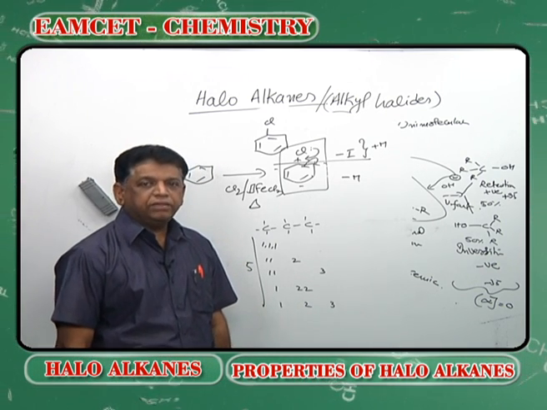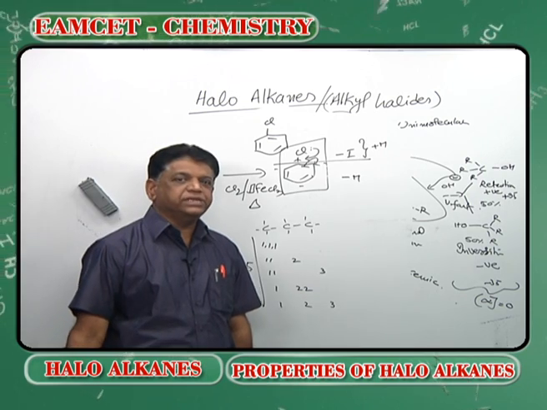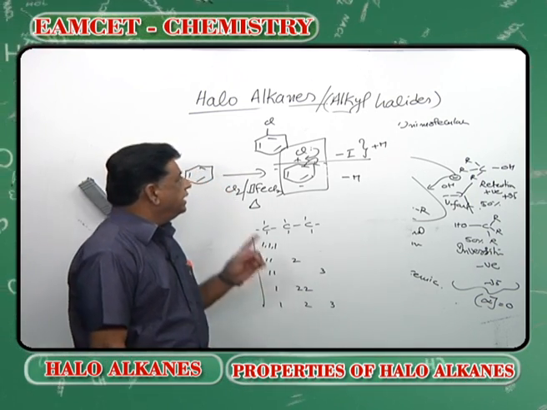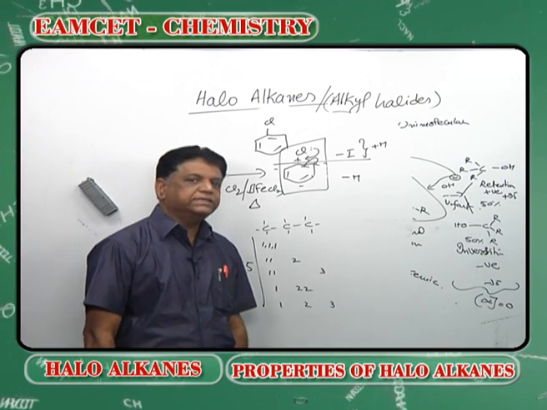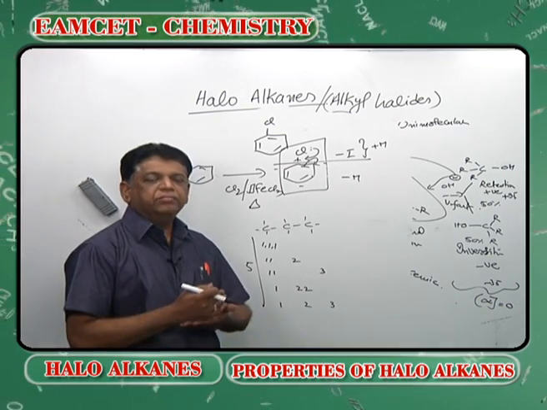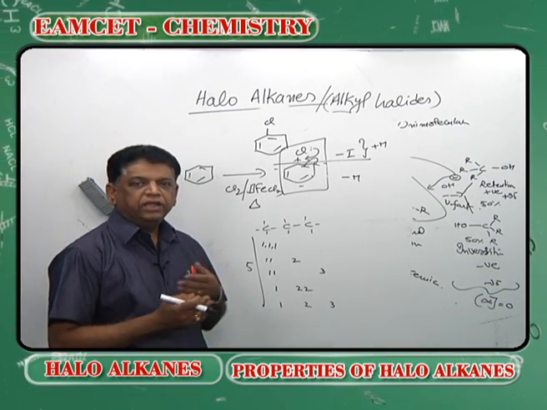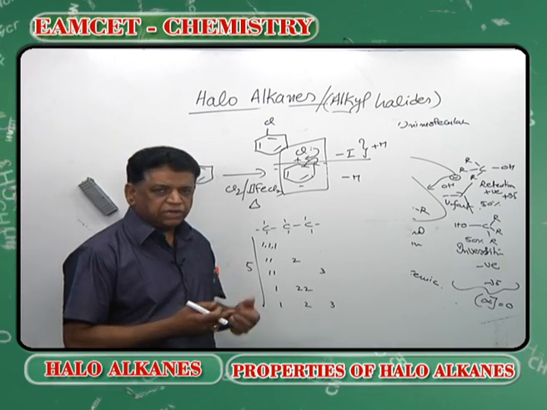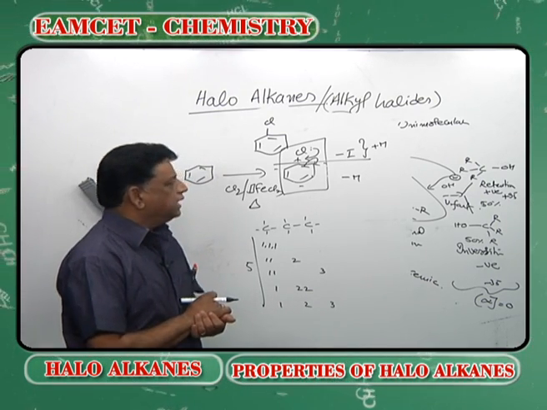With metals like magnesium, RMgX formation takes place. These are the 4-5 important reactions, and the recently introduced SN1 and SN2 mechanisms are also important with reference to mechanism, intermediates, comparison, and optical activity, how it differs. We are going to observe these points in alkyl halides.